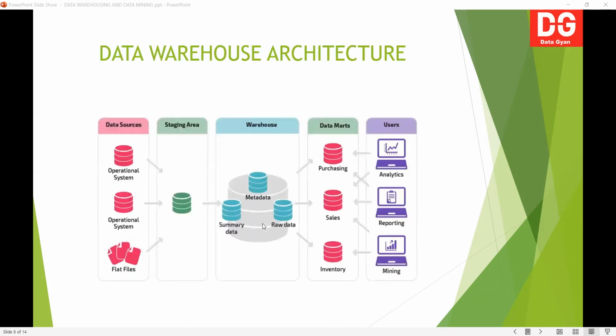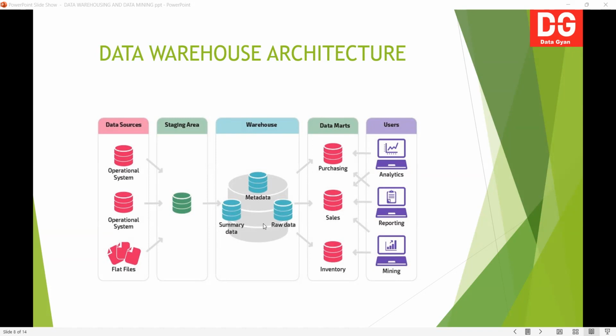Now we will discuss the data warehouse and the data warehouse architecture. As we already learned, we get the data through the ETL process, from different sources. After that, in the staging area, we do some cleaning.